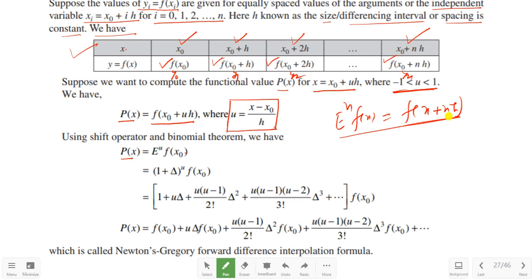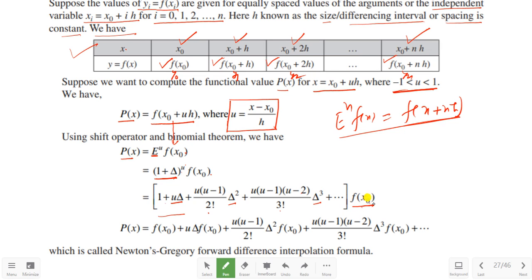Using this property of the shift operator, we write E^u f(x0), and using the relation between the forward difference operator and shift operator, E = 1 + Δ, so (1 + Δ)^u f(x0). Using the binomial theorem and expanding (1 + Δ)^u, we obtain [1 + uΔ + u(u-1)/2! Δ² + u(u-1)(u-2)/3! Δ³ + and so on] f(x0).